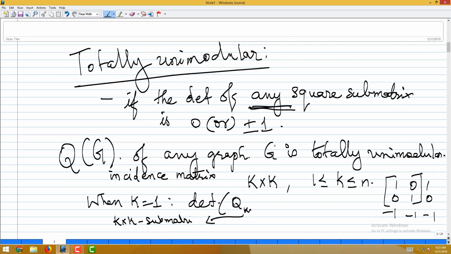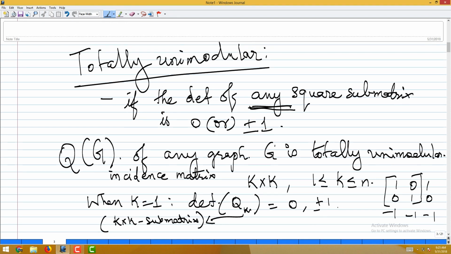Whatever submatrix we are talking about, if we want then we can talk about the sets I and J and all, but now we do not want to complicate the notation. When k equal to 1, we have 0, plus or minus 1 as the entries. So, any 1 by 1 entry has this, and we can immediately conclude here.